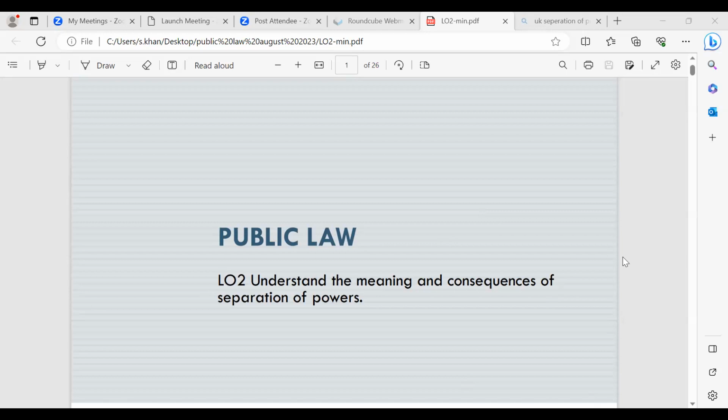We also looked at the UK's complex constitution with the European Communities Act 1972, and also looked at statute law that was passed by Parliament. We also looked at an uncodified constitution and how it creates problems.